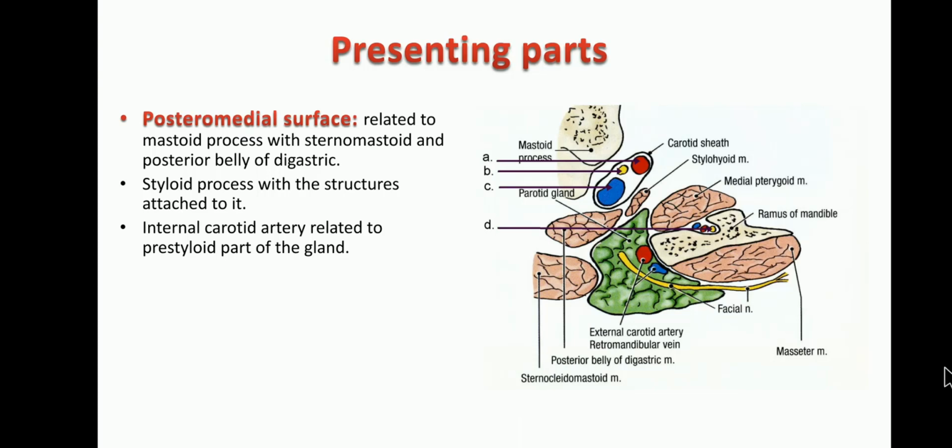So what happens is, deep to the styloid process, you are able to see the internal carotid artery and the pre-styloid part of the gland. Okay, post-styloid part of the gland is actually related to the internal jugular vein. Pre-styloid part artery and post-styloid part vein, which is in front and behind the styloid process.